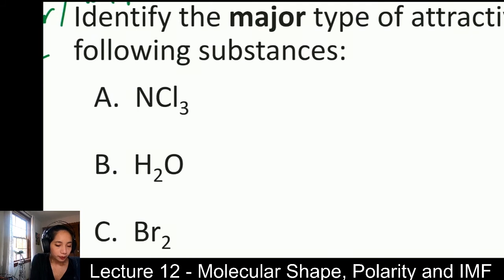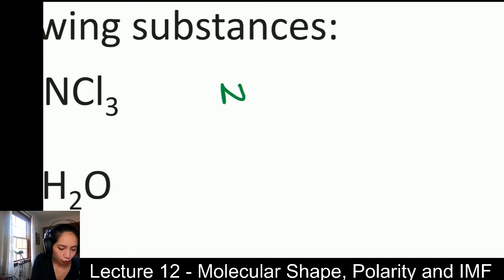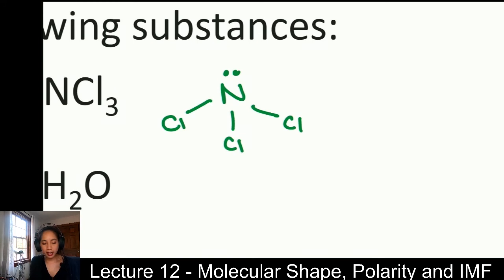I'm not going to go into the major details of Lewis structures for this first one, so I'll just write it: nitrogen trichloride. Okay, this is the Lewis structure where there is a lone pair on the nitrogen.